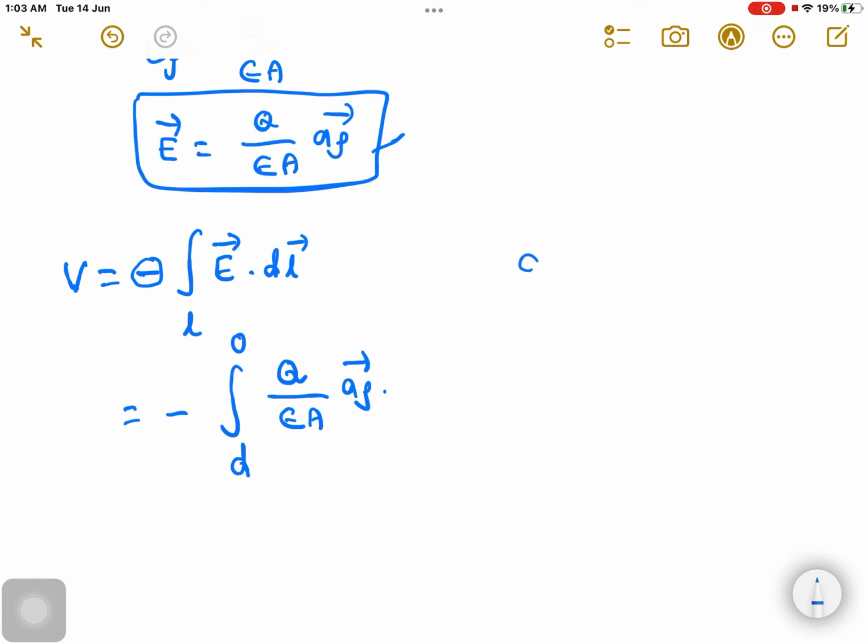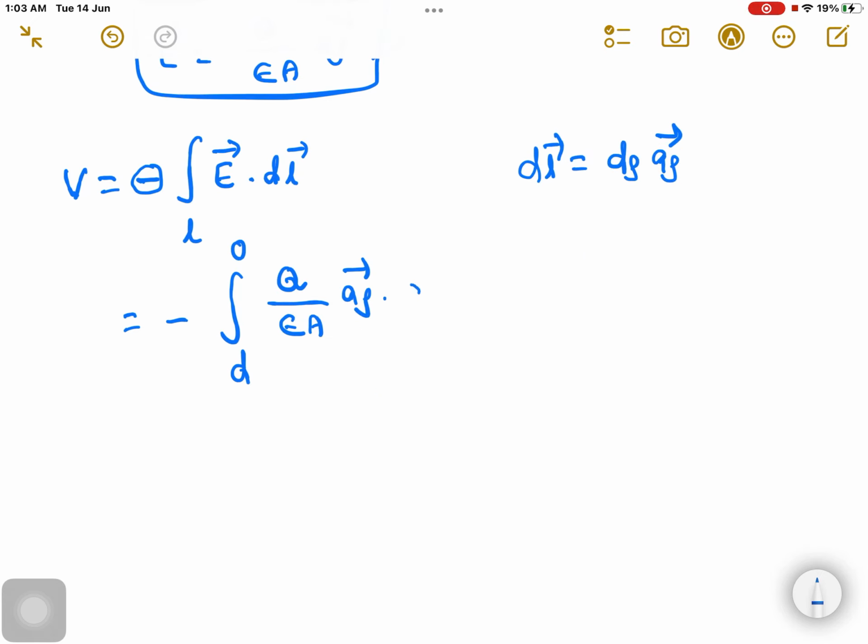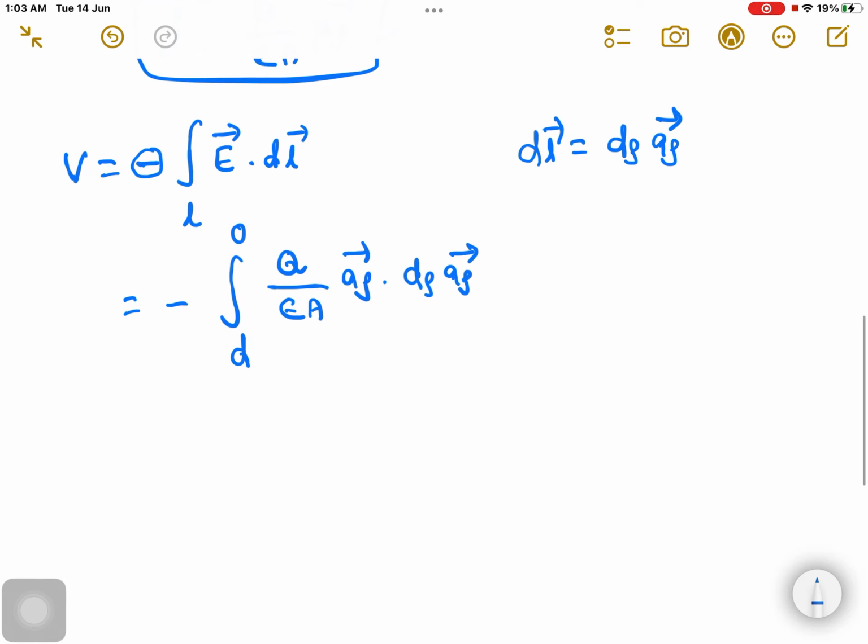So what is dl bar along rho bar? We know it is d rho times a rho bar. We know rho bar dot rho bar is 1. Therefore it is minus Q by epsilon A, constants written outside of the integral, and the integral from d to 0.